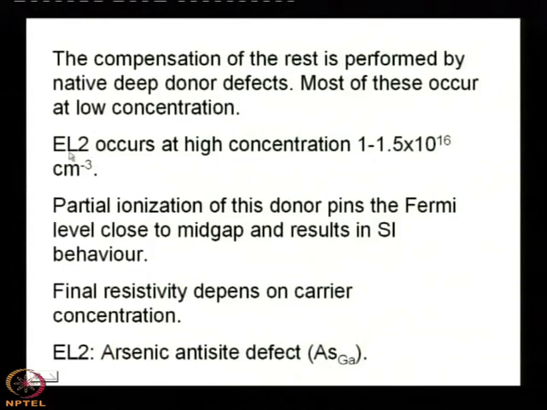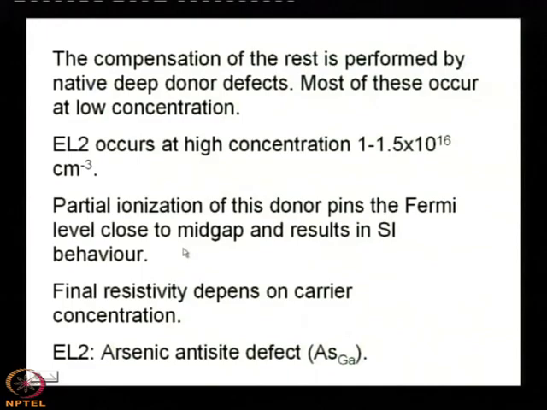Like EL there may be AL acceptor levels, but EL2 has a very high concentration, 1 to 1.5 times 10 to the power 16 per centimeter cube. That is the concentration of EL2 inside gallium arsenide, and partial ionization of this donor pins the Fermi level close to mid gap and results in semi insulating behavior.